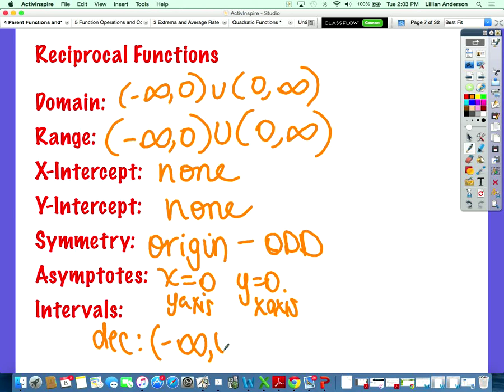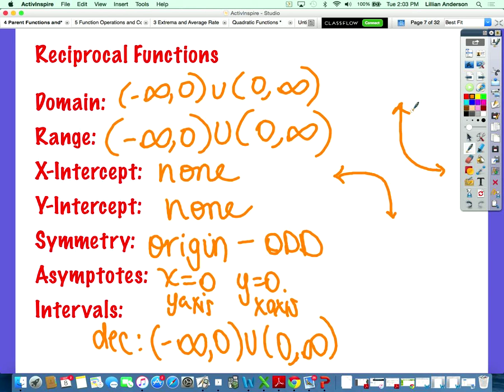Negative infinity to 0, because remember, there's a break there. And then from 0 to infinity, what am I doing? I'm still decreasing, reading from left to right. I'm going down, I'm going down. That's how I form that reciprocal function. Questions on reciprocal function?